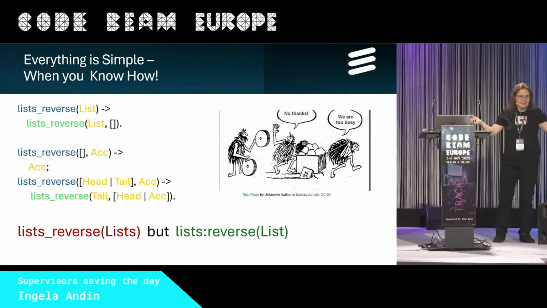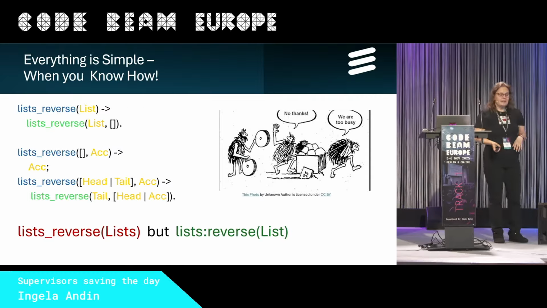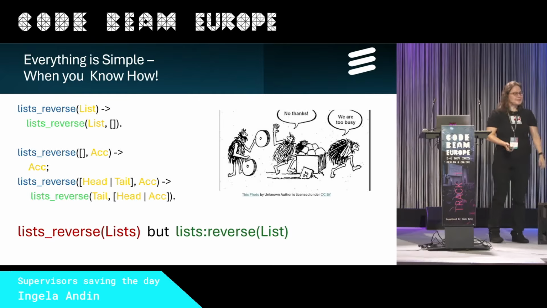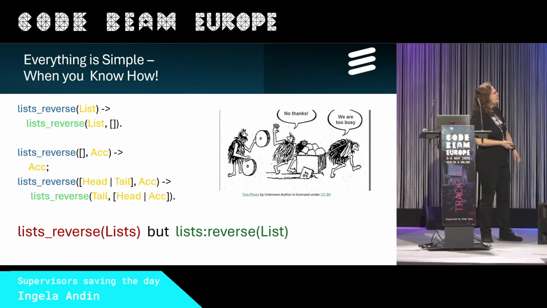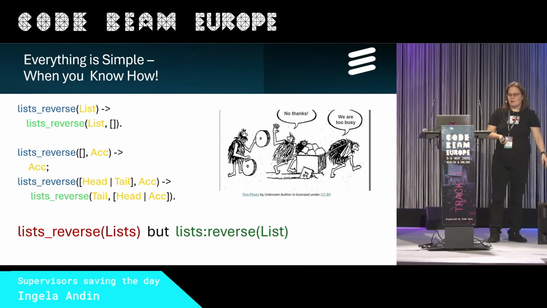So anyone here in this room, I think, could write the list reverse function. It's really simple. It's trivial. Yeah, there's an implementation here right on the slide. It works. I run it, so I know it works. But most of you are not going to implement list reverse by yourself, even if it's simple and you know how to, because you don't want to reinvent the wheel.